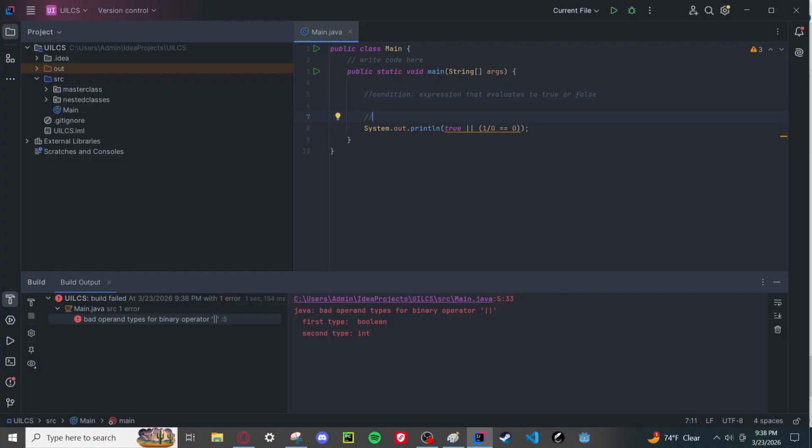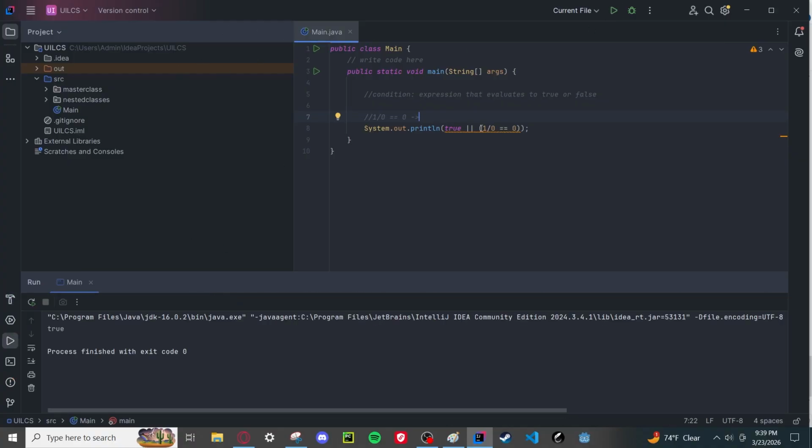Note how 1 divided by 0 did not apply as a condition because it didn't evaluate to true or false. But 1 divided by 0, we checked if that is equal to 0. Now this is a condition because this could evaluate to false, this could evaluate to true, depending if 1 divided by 0 is equal to 0. And don't worry about this, we'll talk about this in literally almost the next video, or next video.